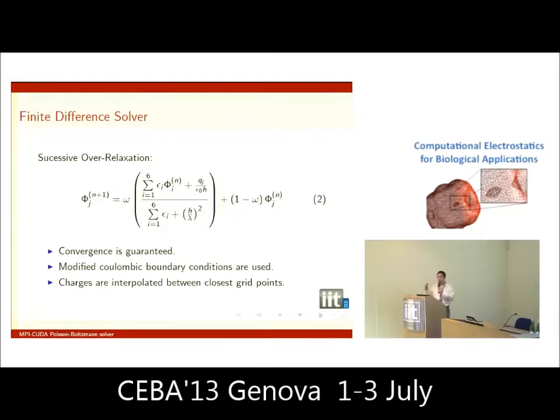All the charges from the PDB file are interpolated into the cube, so no artifacts are generated. And we use modified Coulombic equations as boundary conditions, and that's it. We are basically ready to go.